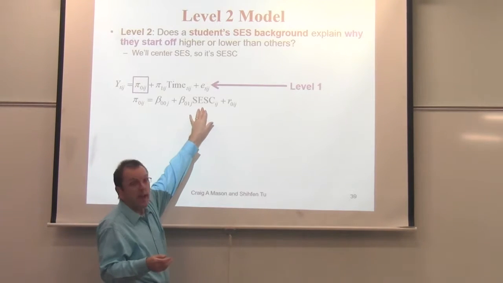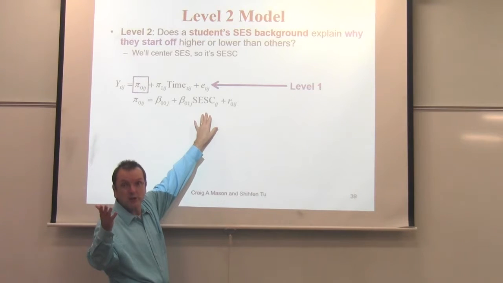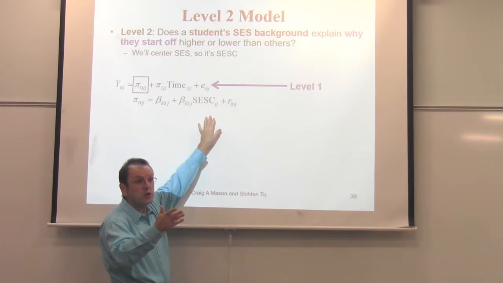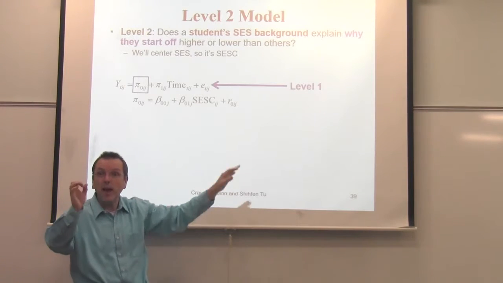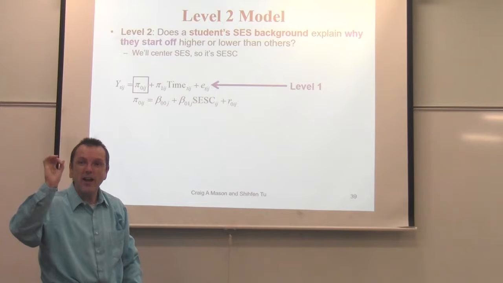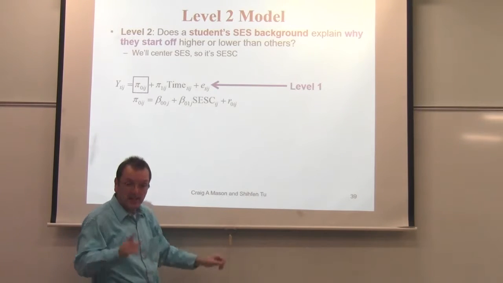So a child at the average SES, the average level of income, will have a score of 0 on SESC, and that's important in just a sec.